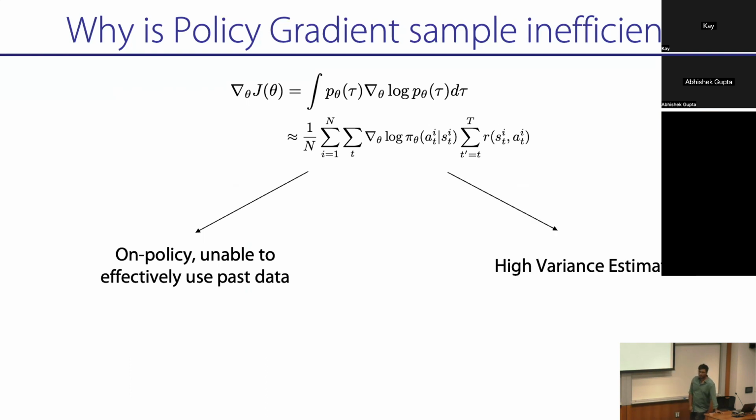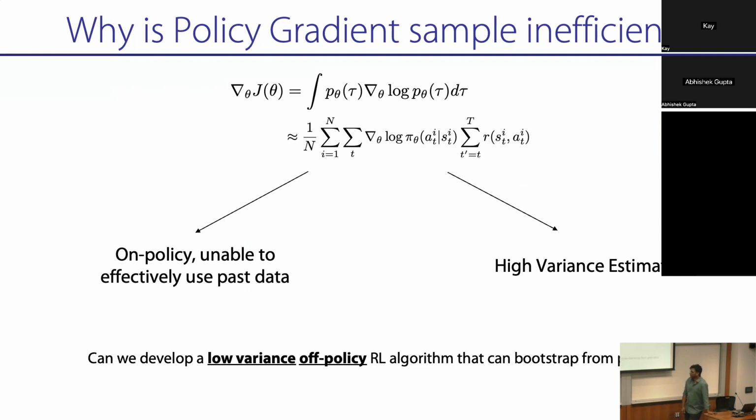High variance means you need to sample more, and sampling more means it becomes impractical to run 10 million samples on your robot. So the question we want to ask is, can we develop a low variance off-policy RL algorithm that we can use to bootstrap from prior data? I just mean data from all prior iterations, so it's off-policy, while being able to learn in the real world.